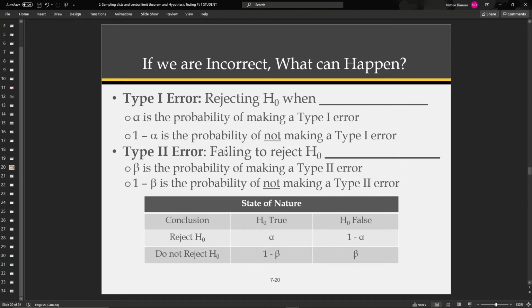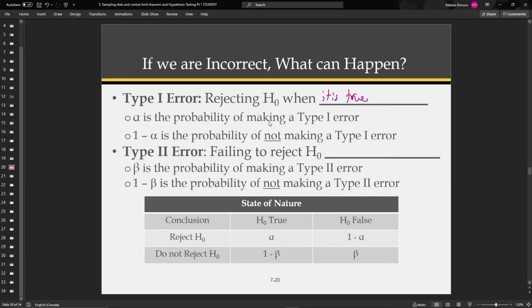All right. If we are incorrect, what can happen? Well, this is a little bit of theory stuff before we actually start doing questions. You can have type 1 and type 2 errors. If you reject the null hypothesis when it is actually true, that's a type 1 error.